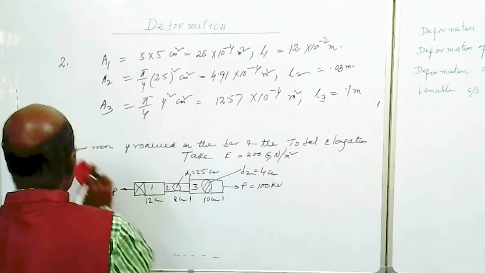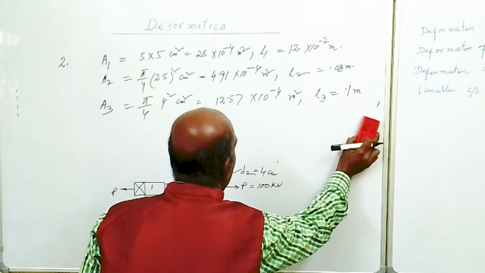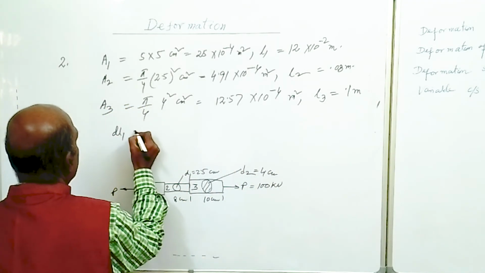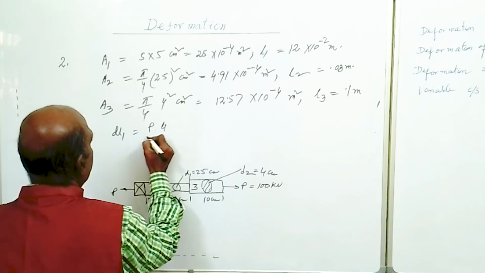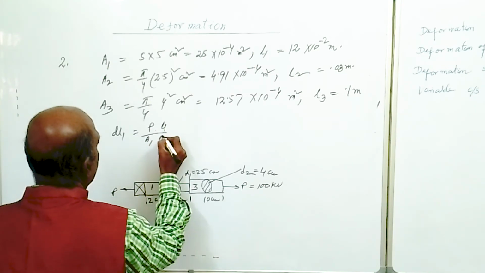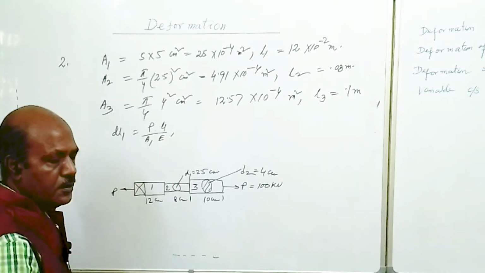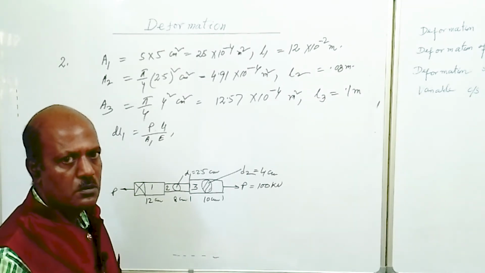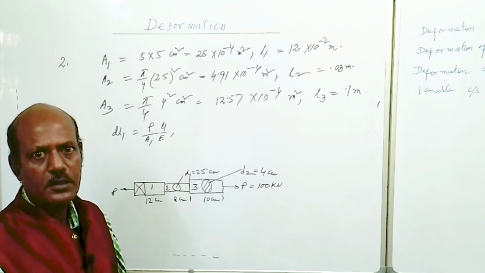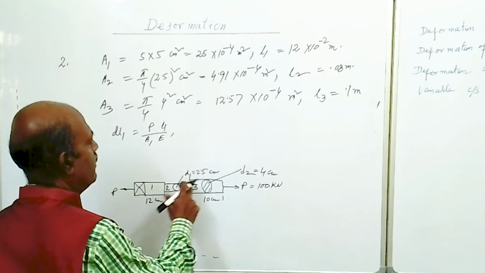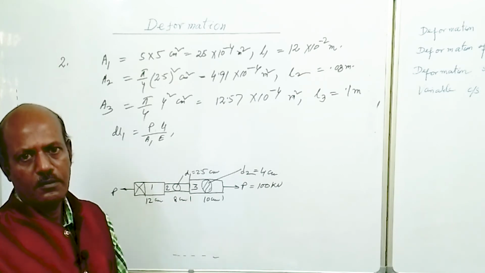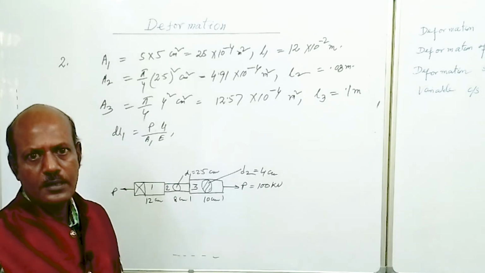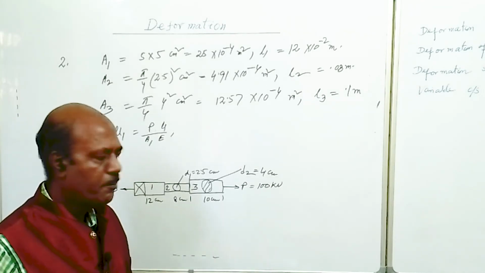Now, to get the total deformation produced in the bar, we will find dl1 equal to P into L1 by A1 into E, if the material of the bar is the same throughout. Otherwise, the information will be given in the problem if the material is not the same. But for this type of problem, the material of the bar is the same throughout, so Young's modulus for the bar will remain the same.